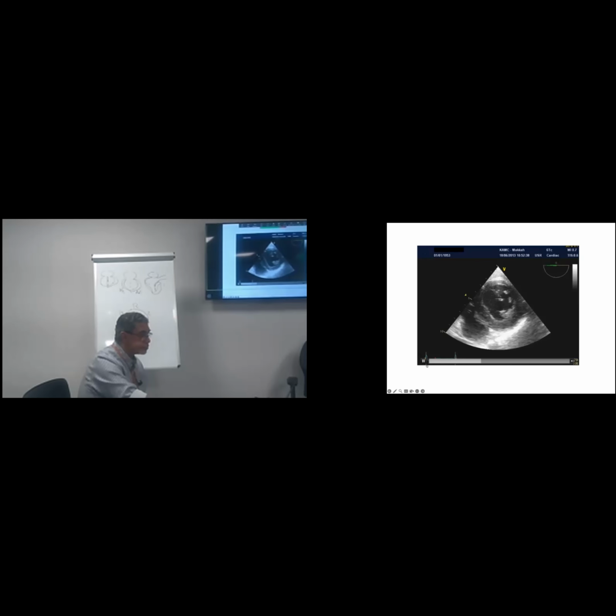It is thickening at 6 and 8, so it's normal. Excellent. It's clear that area 12 is not moving, or moving very, very little. This is inferior. You can add area 10, inferoseptal.